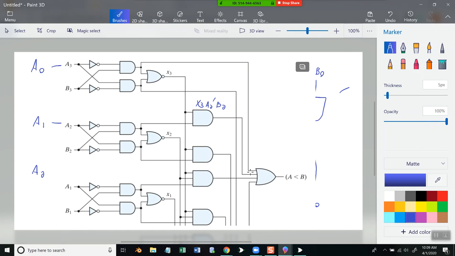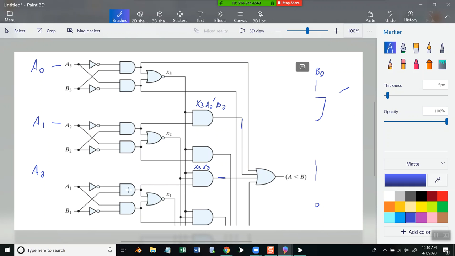Then that's this line right here. This next line is coming from here, and this is X3. What's that? It's coming in from there, X2.